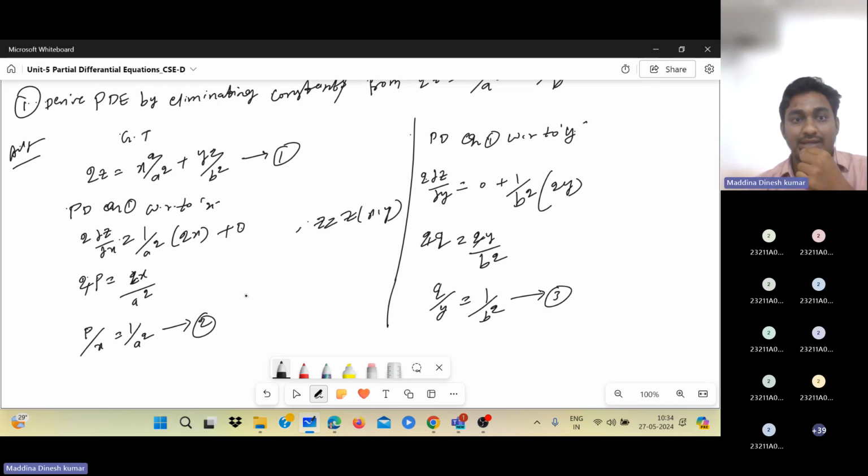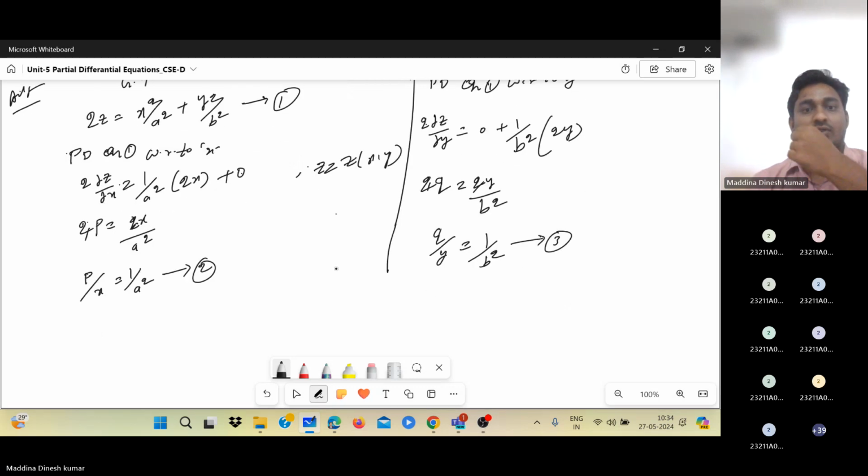If you substitute this 1 by a square and 1 by b square in equation 1, the constants a and b will eliminate, and the resultant will be our required partial differential equation. So substitute in 1.